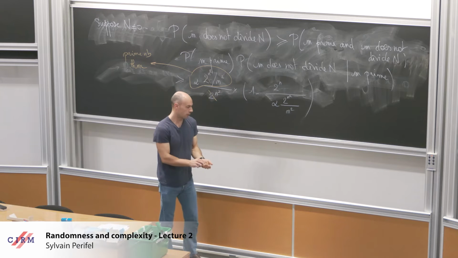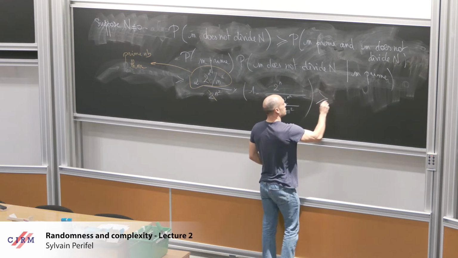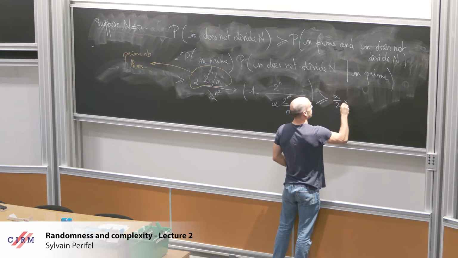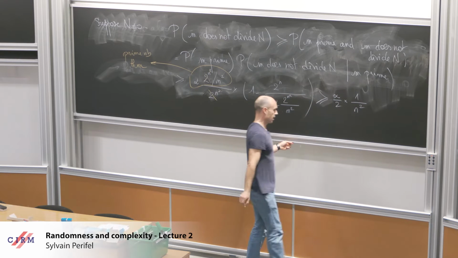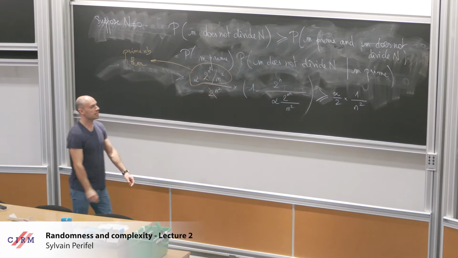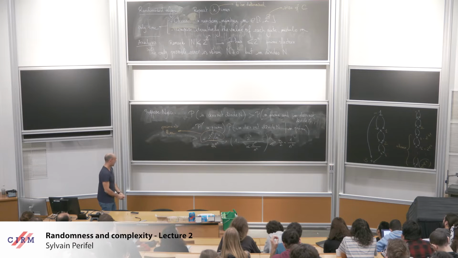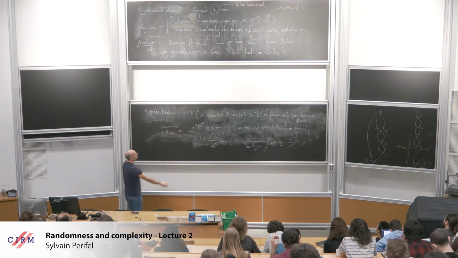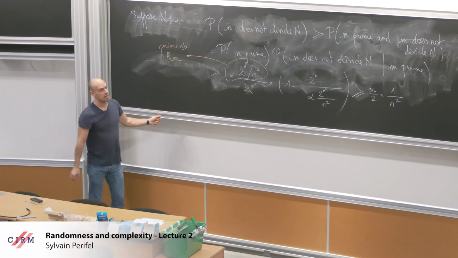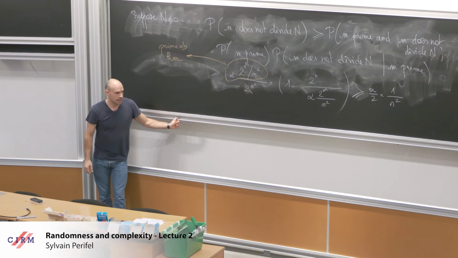Okay? So let's say this is at least alpha divided by 2 times 1 over n squared. So this is a constant divided by n squared. All right, so we have that the probability of success is at least 1 divided by n squared.